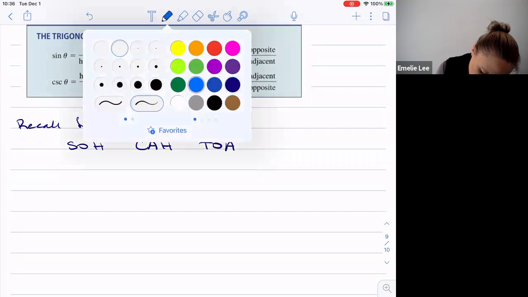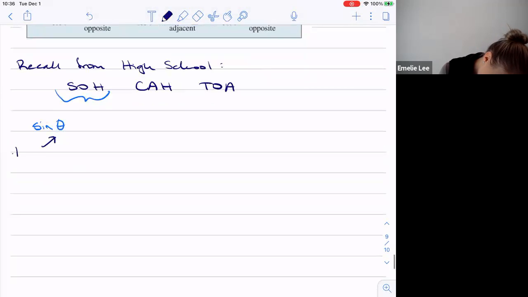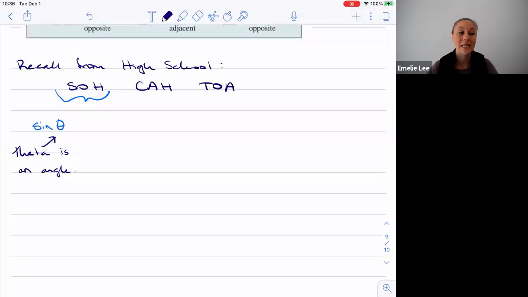So here, this is saying that sine theta, where theta is just some angle. We've been using t a lot, but theta, t, you can see the connection there. Theta is just a variable that we use for angles a lot of the time.